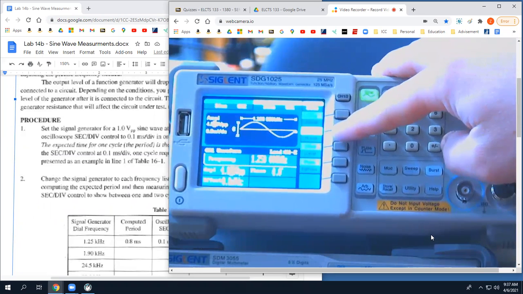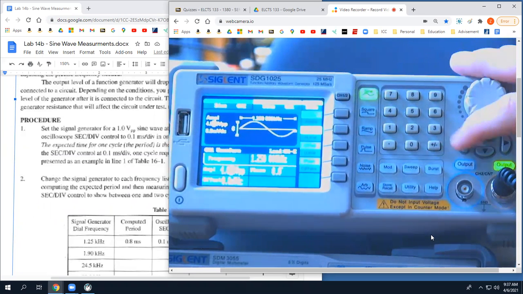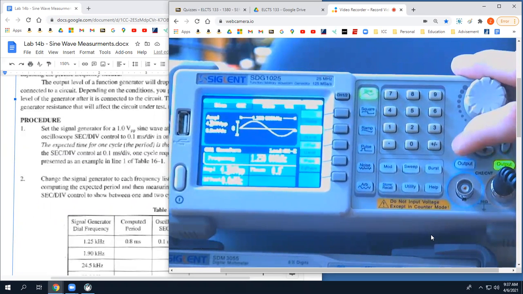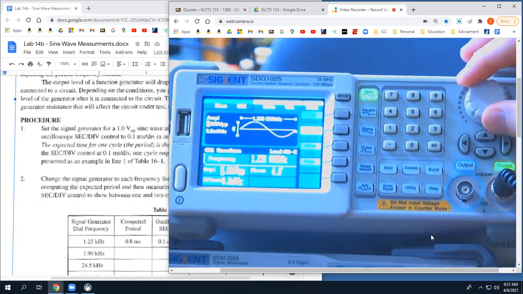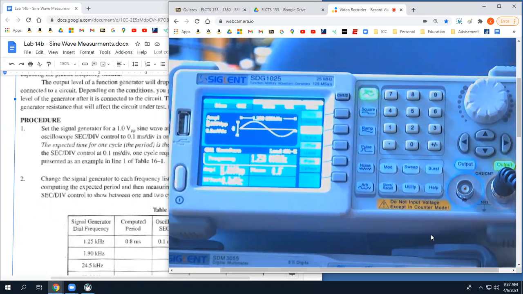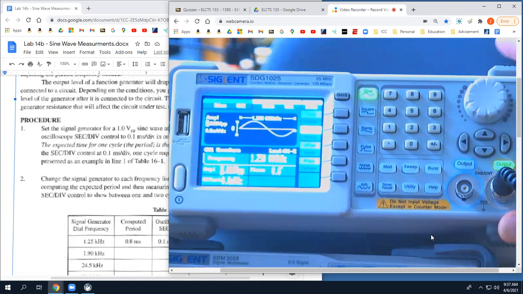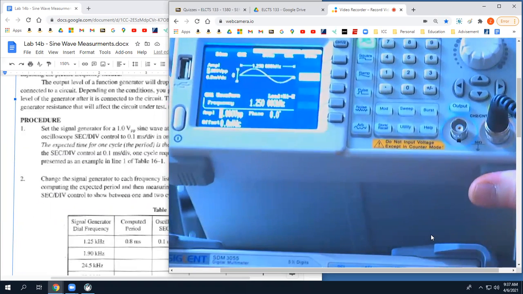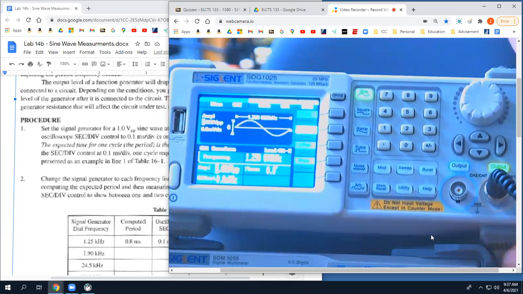We'll go down to amplitude and go 1 volt peak to peak. So my 1 volt peak to peak, 1.25 kilohertz.